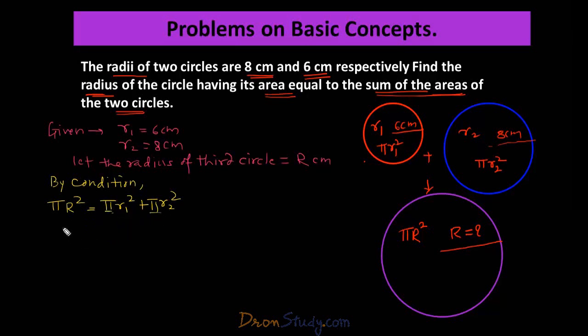Take it out as a common factor. So it is pi r square, which is equal to pi into bracket r1 square plus r2 square. So here pi and pi will get cancelled, and this is r square, which is equal to r1 square plus r2 square.